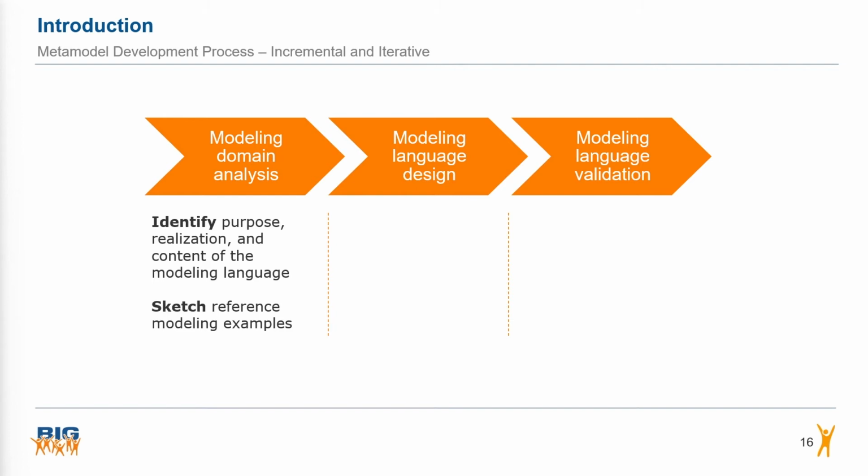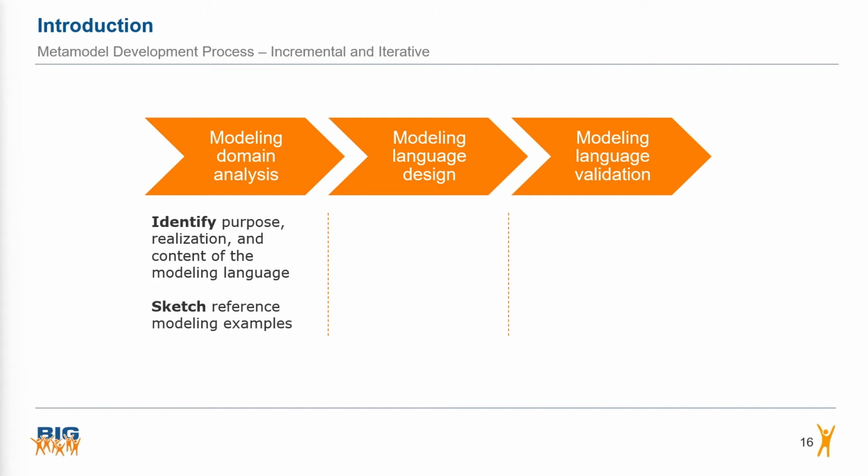So this sounds maybe a little bit weird, but basically what is meant by that is that you actually use pen and paper or PowerPoint and you sketch example models that you would like a meta model to be able to allow. Yeah?